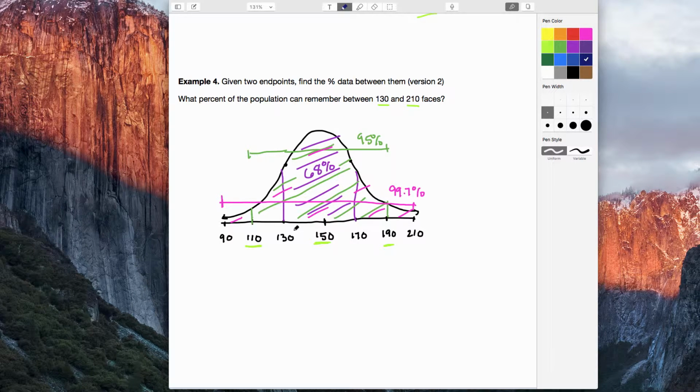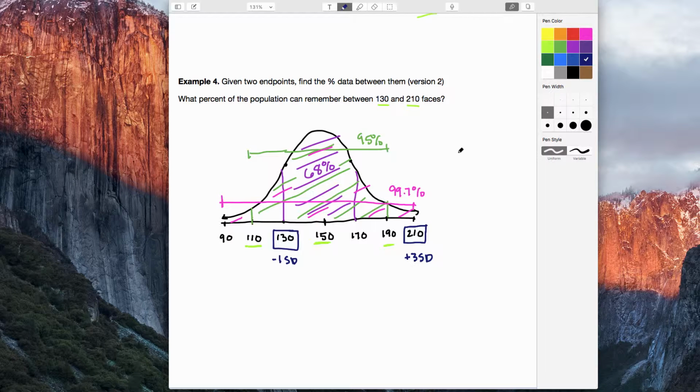Well, 130 is right here. That was 1 standard deviation from the mean. 210, well, that was way up here. That was 3 standard deviations. So I'm going to write -1 standard deviation and +3 standard deviations. And notice that this is not symmetric. We have to do a little bit of math before we can get our answer.